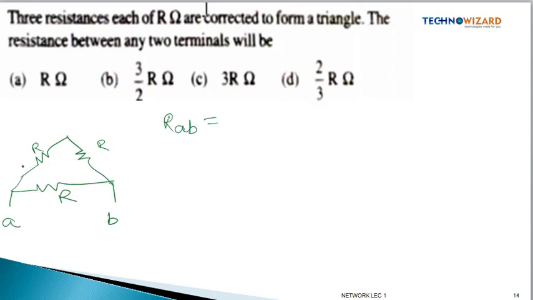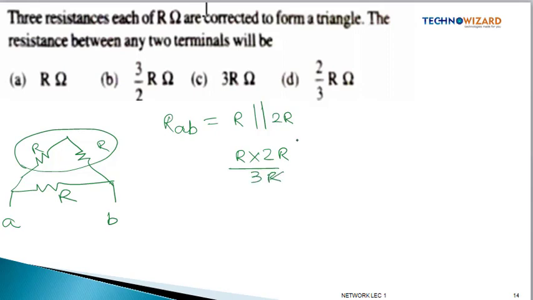From here we can see that these two resistances are in series. It means R in parallel with 2R. Simple. So after solving, R into 2R divided by 3R, this will be simply 2R by 3.